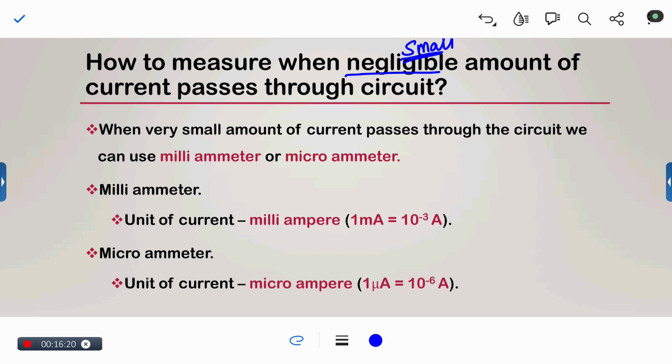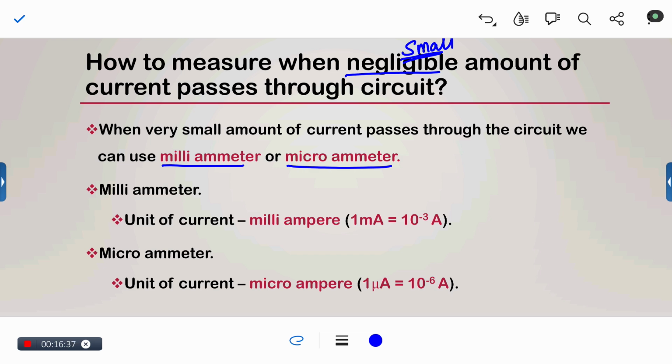So by that time, what do we need to do? You can go along with the other two devices, which are called milliammeter and microammeter. We will be using these two devices whenever a small amount of current is passing through the circuit.